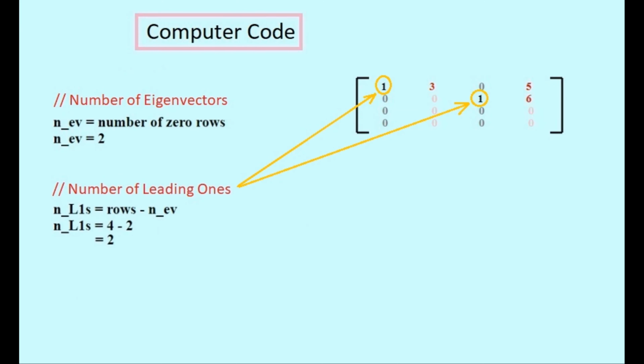The number of columns with leading ones is equal to the number of rows in this matrix minus the number of eigenvectors.